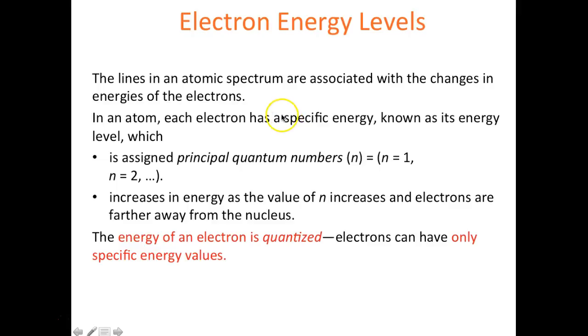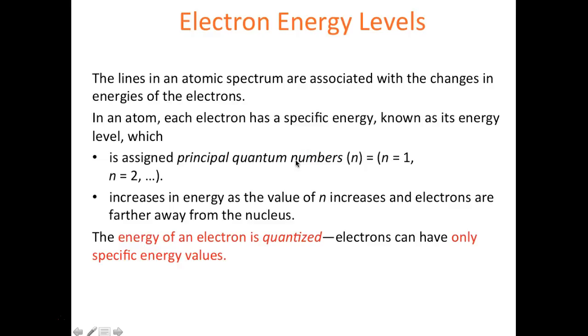So these lines in the atomic spectrum are associated with the change in energies of those electrons as they're moving from one region to another. And each of those regions or energy levels, to be more appropriate, has a specific energy associated with it, right? So those specific energy levels are labeled as the principal quantum number.